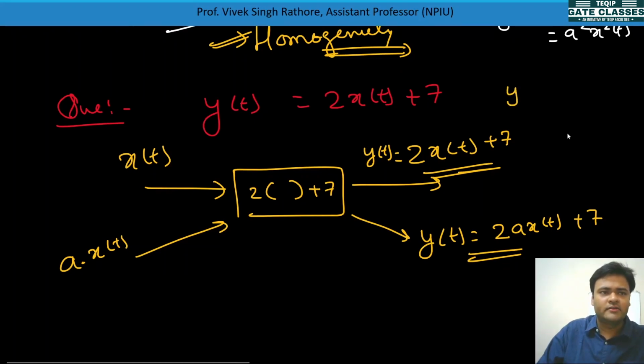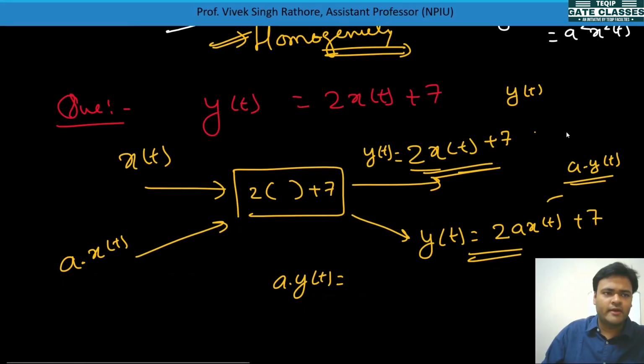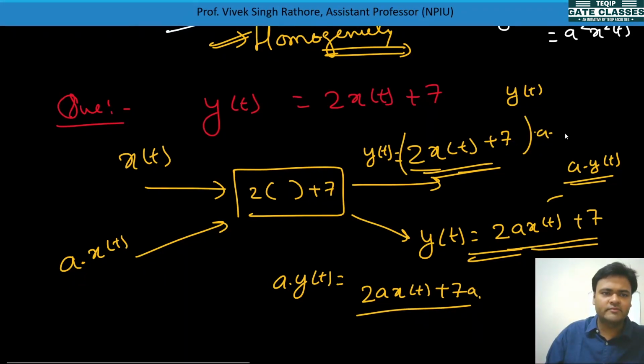So this one should be equal to a times y(t) actually. If you do a times y(t), you will get 2a x(t) plus 7a, if you multiply by a, so you would get this value, but you are getting a different value.